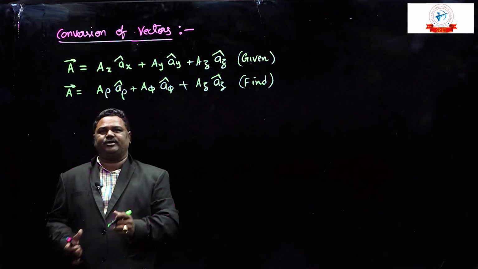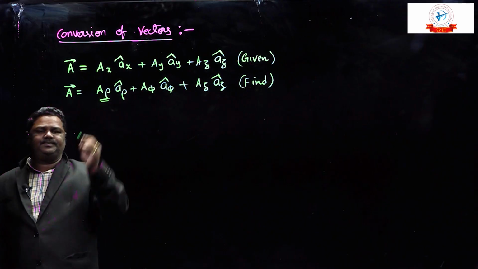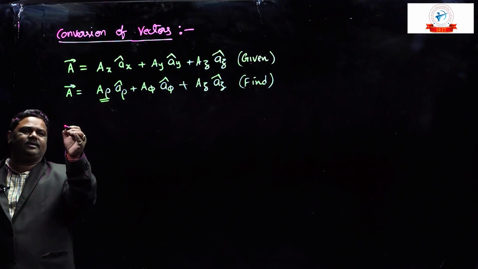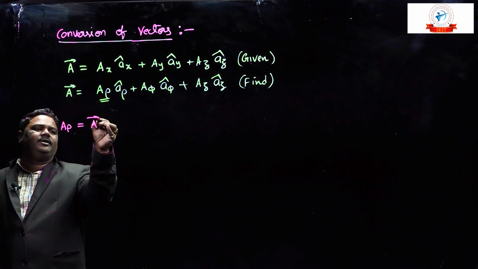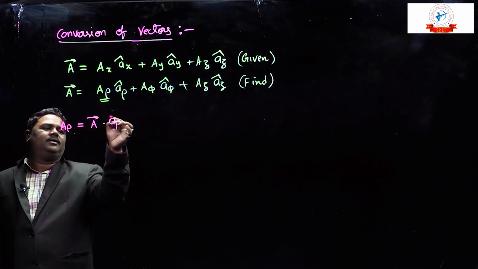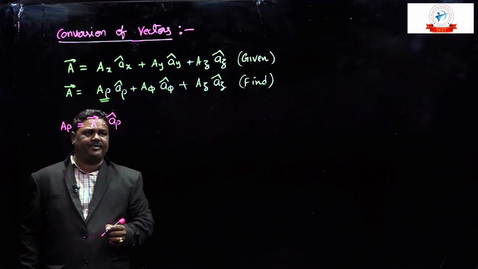Now let us find this rho component first, okay. For that, the rho component is a bar dot product with a rho cap.